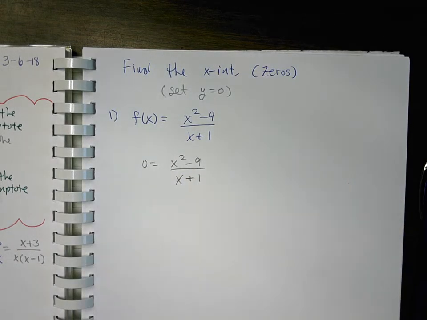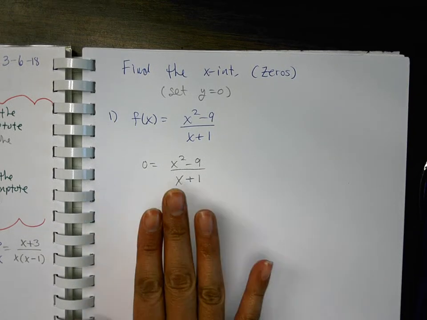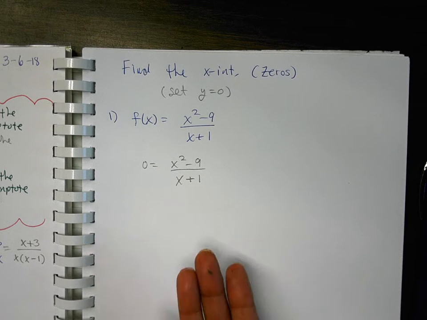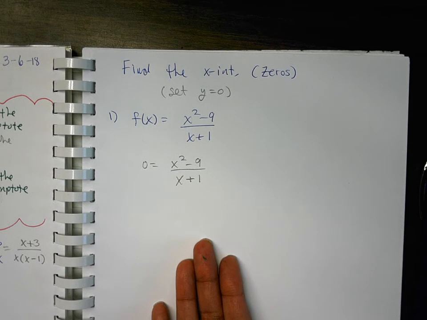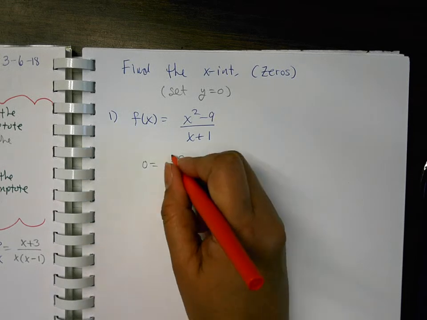And what do we do to both sides? Okay, I heard one person answer. Does anyone else know what to do? Okay, I'm going to just pause here. If this was a question on a test and I've done no explaining, would you guys know how to do this from prior experiences? Okay, anyone throw it out there? Okay, multiply both sides by x plus 1.